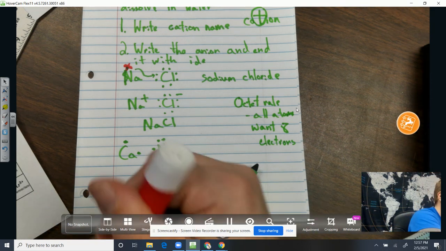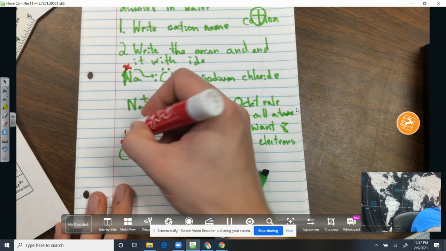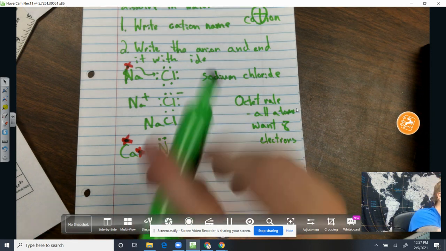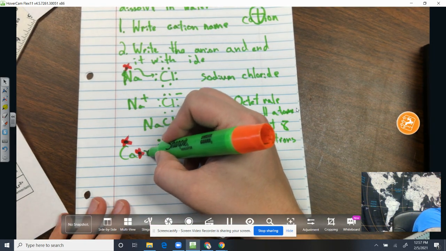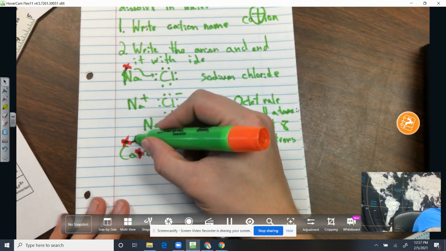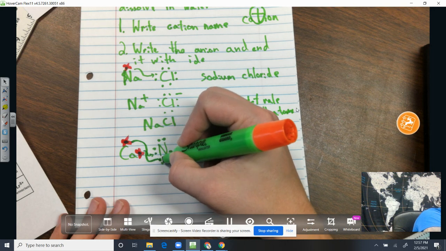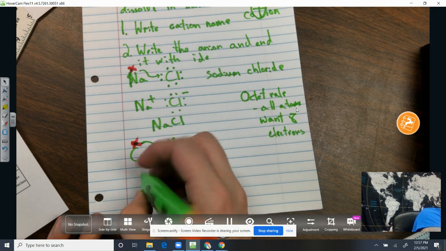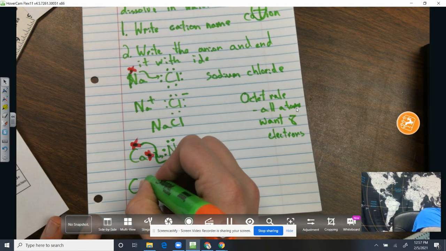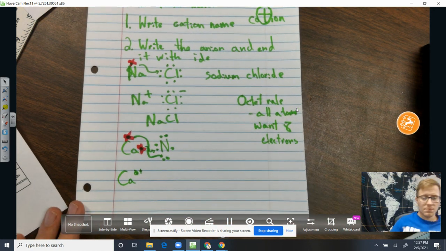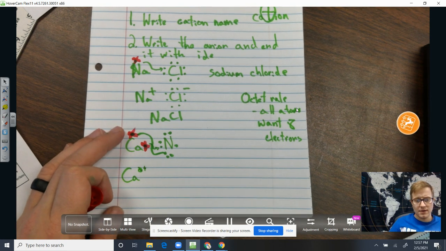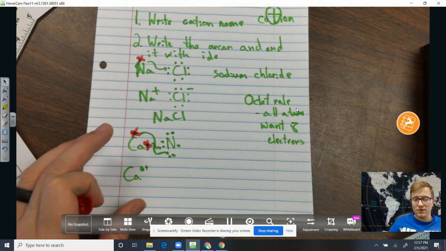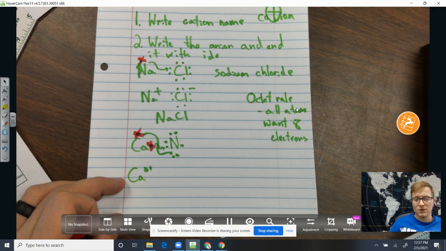So here we have calcium giving up its 2. Yay! It's going to give one to nitrogen. Ooh, and then it's going to give another one to nitrogen. So calcium is done. Calcium we now have is Ca2+. We lost 2 electrons. That means since electrons are negative, you're going to have a positive 2 charge.